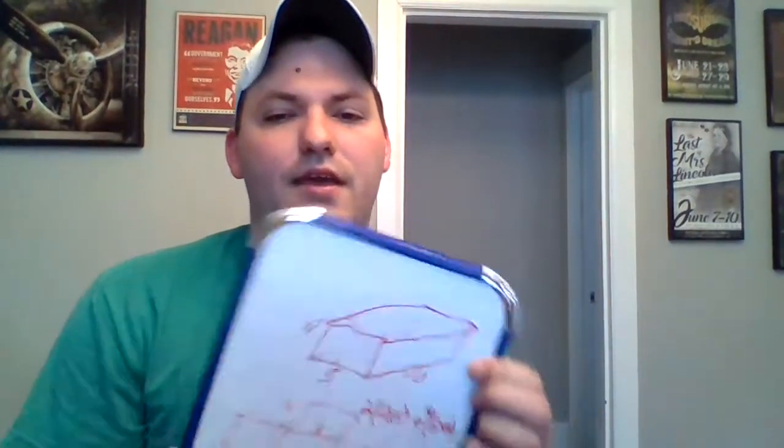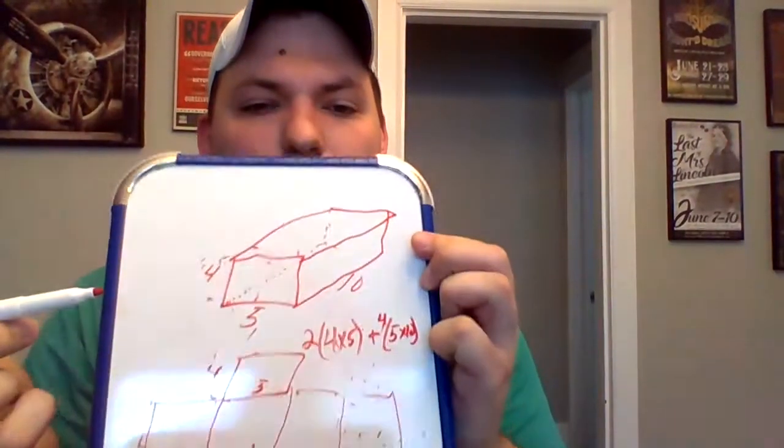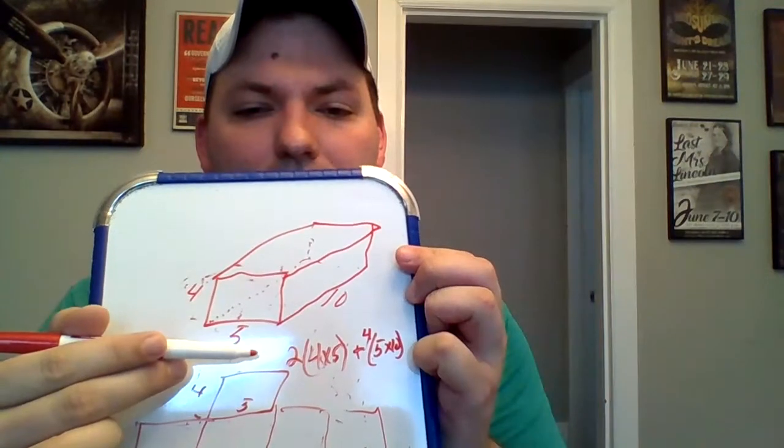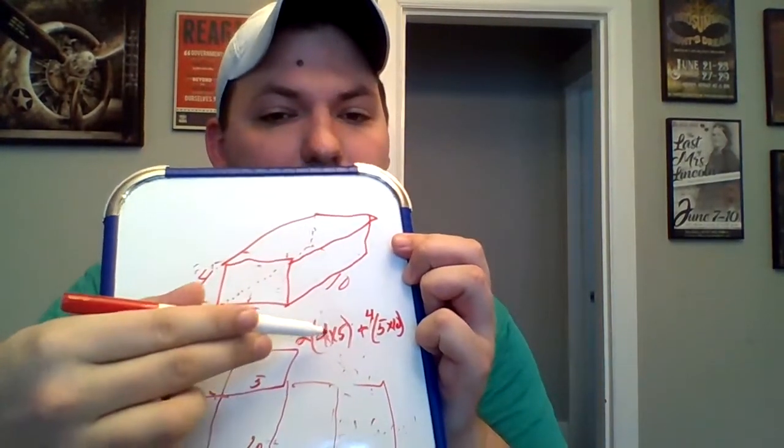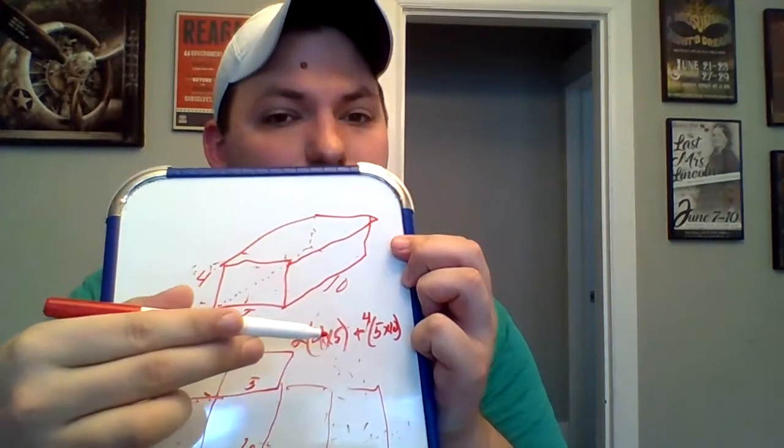I'm going to multiply 4 times 5 twice, and then I'm going to add that to my 5 times 10, and I'm going to multiply that by 4. So you should have something that's similar to this one right here. 2 times the 4 by 5, those are the fronts, and then 4 times the 5 by 10s, those are the sides.